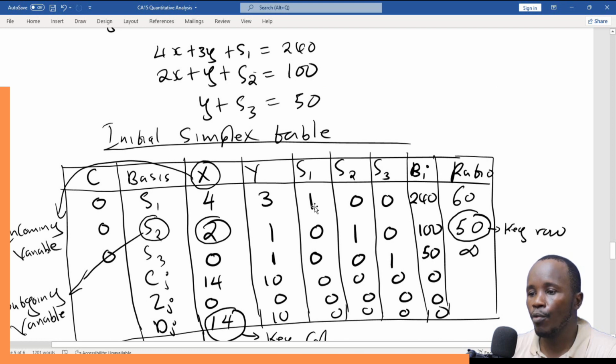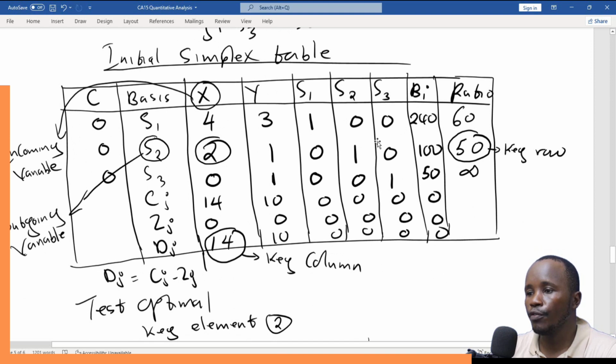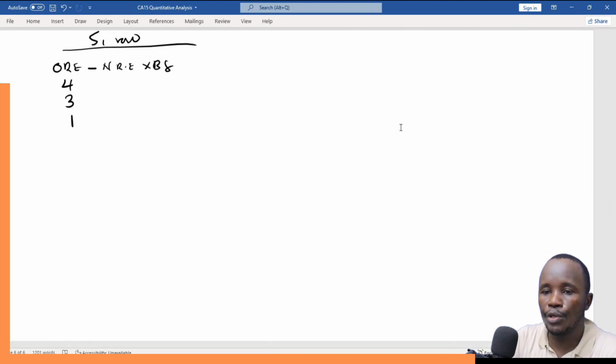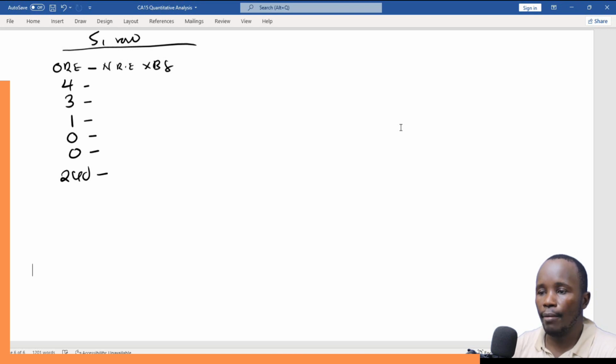Old row elements are the ones in our first table. Here, 4, 3, 1, 0, 0, 240. You can see here up to the value, 0, 0, 240. Here, we minus the new row elements.